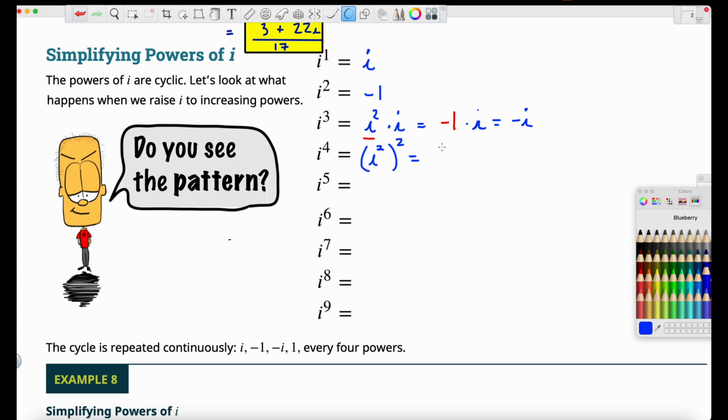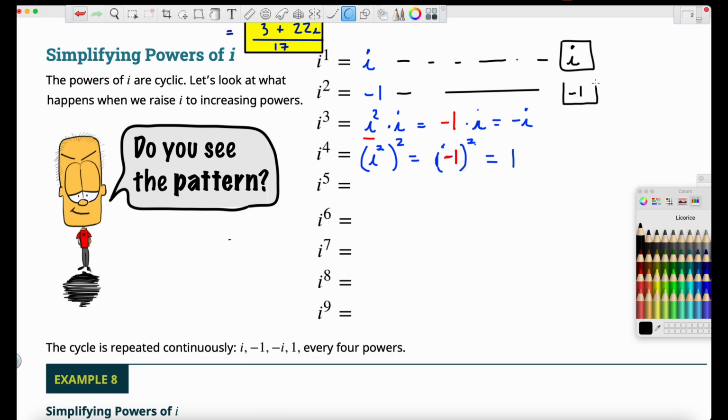Well, i squared is -1, and when we raise a -1 to the power of 2, it gives us a +1. Okay, so for the first ones here, i to the second was -1, i to the third was -i, and then i to the fourth is 1.